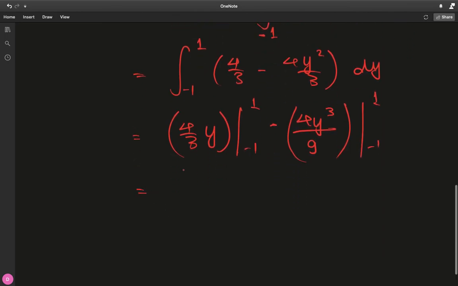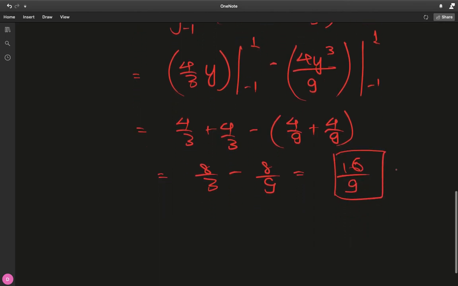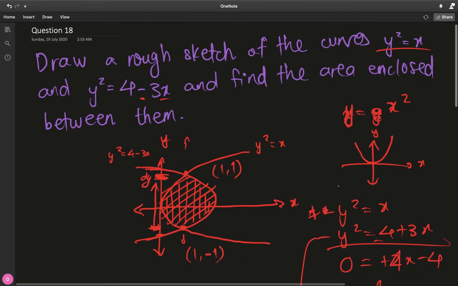If you diligently simplify, you'll have 4 over 3 plus 4 over 3 minus 4 over 9 plus 4 over 9, which is equal to 8 over 3 minus 8 over 9, which is 16 over 9. And that's the area of the region enclosed. You can say square units for area, but that's the answer.